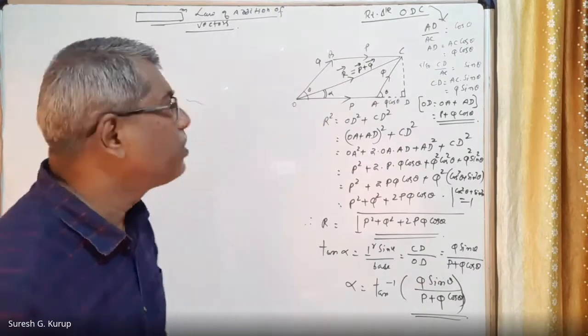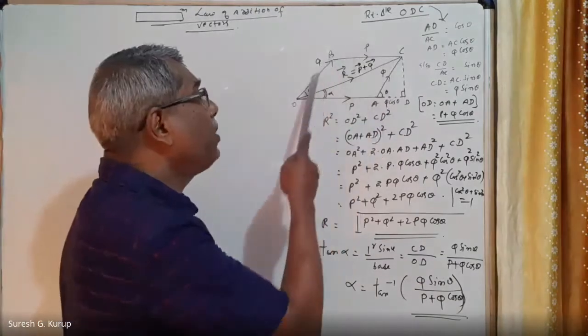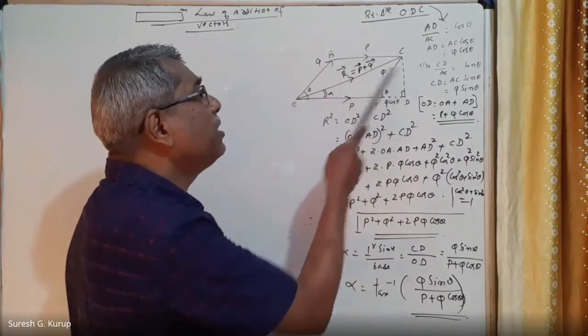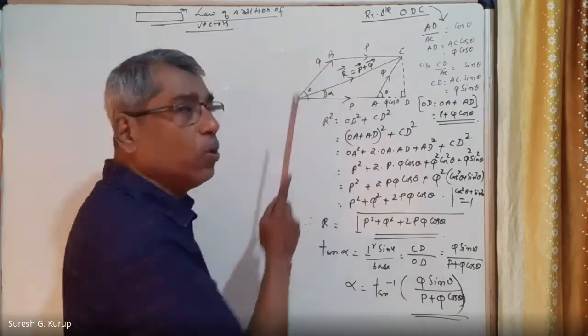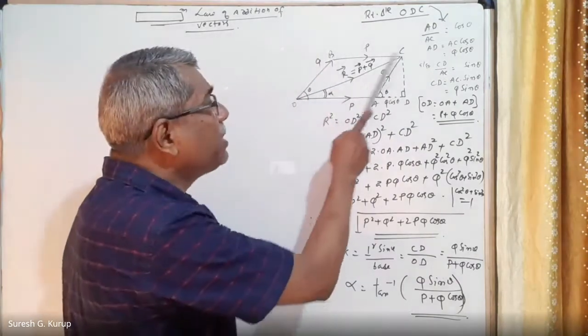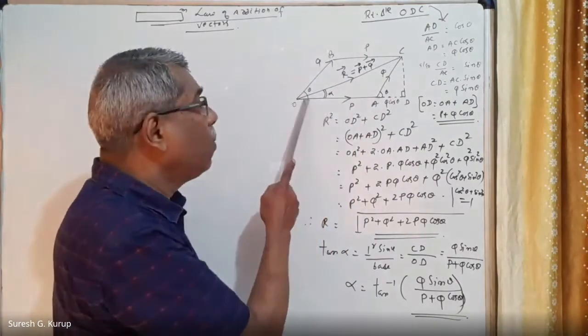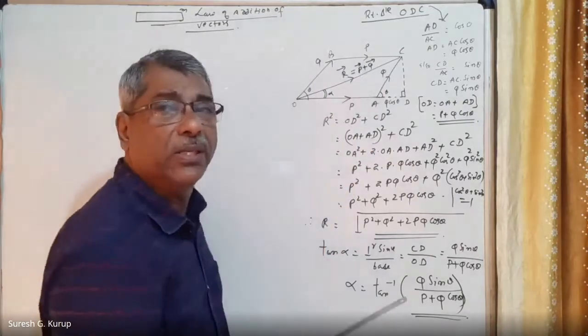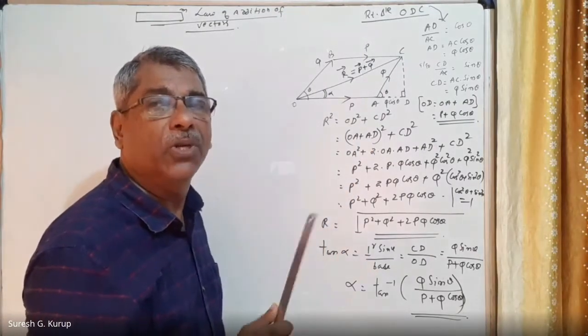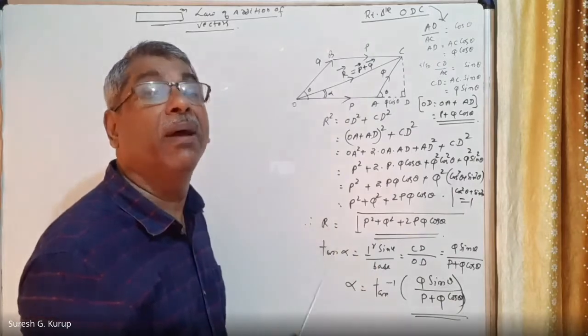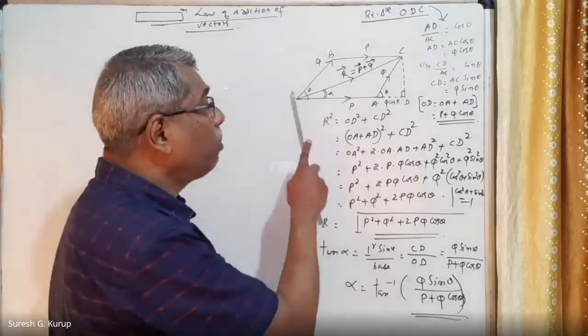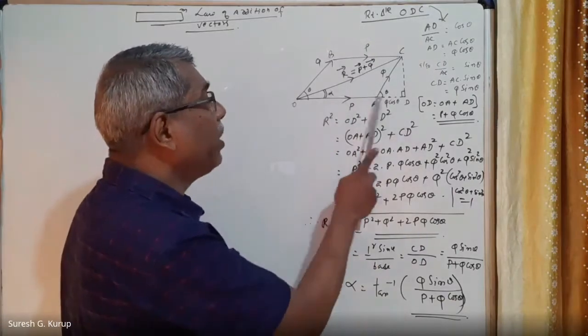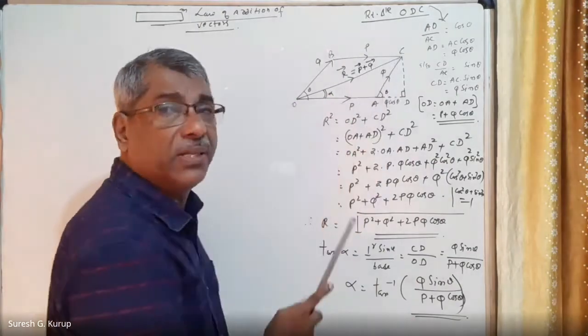Same thing: if we take the triangle OBC, OB is Q already, and BC is equal to P because OA equals BC in the parallelogram. Opposite sides are equal in magnitude and parallel. Therefore vector OA and vector BC are the same.